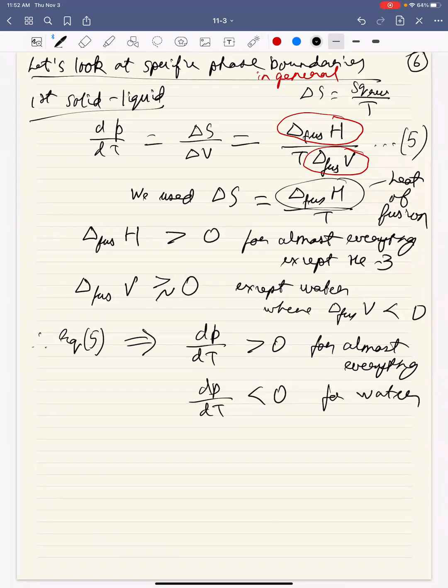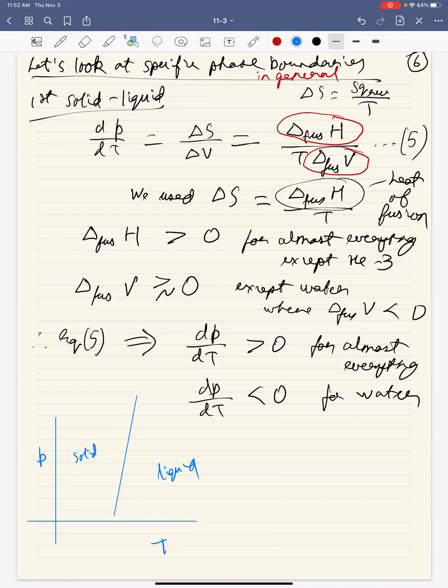So now we can explain why the phase boundary in the water phase diagram was the way it was. If you plot a pressure-temperature phase diagram, and this is solid and this is liquid, the slope is going to be a positive sloping line.